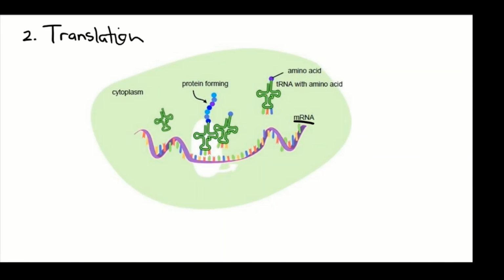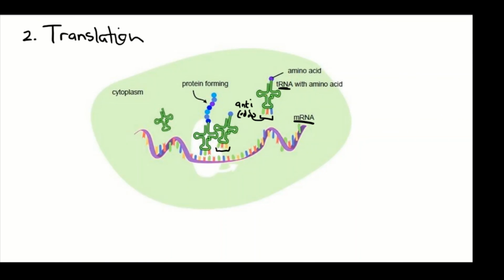So the first thing that's going to happen is the tRNA, which is this one here, has 3 nitrogenous bases, these ones here, which are known as anticodons.